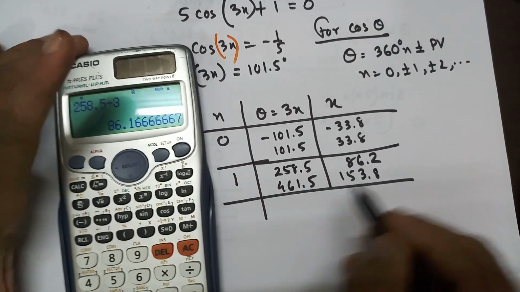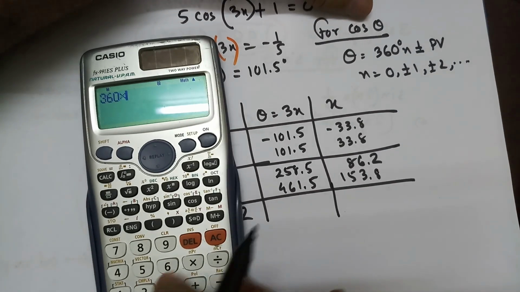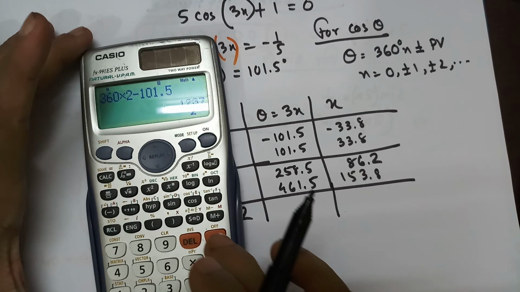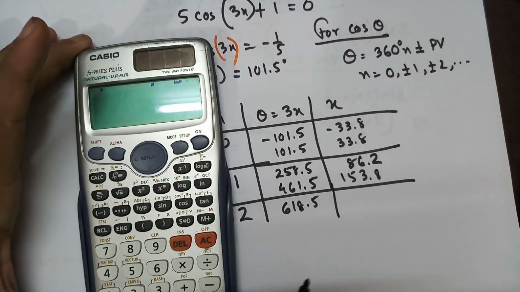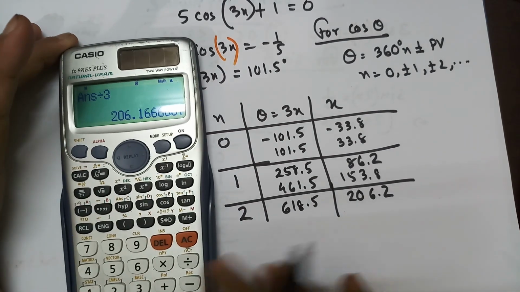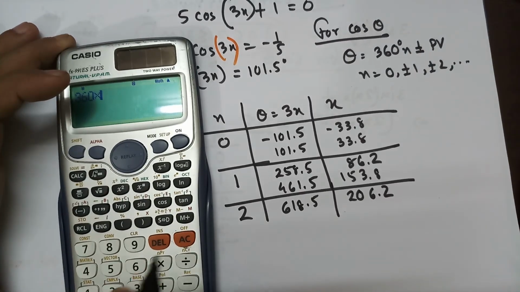When n is 2, so 360 times 2, then minus 101.5, I'm getting 618.5 divided by 3, that's going to give me 206.2.